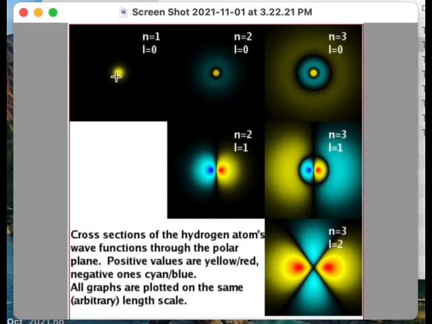So here's n equals 1, L equals 0, n equals 2, L equals 1, n equals 3, L equals 2. So these are the cases where the angular momentum quantum number is the maximum possible. All right, so these are sort of visualizations of solutions for the Schrodinger wave function.